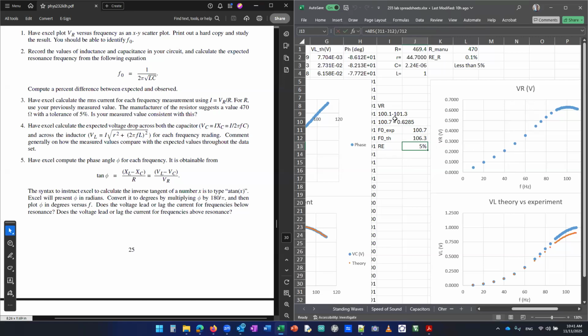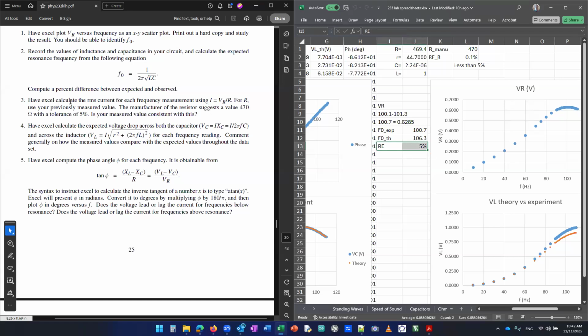We don't have a relative uncertainty here to draw a conclusion, even though I think we can estimate some relative uncertainty to be maybe around plus or minus at most 1 hertz, because if you change 1 hertz, the voltage can drop. So you can see it's no longer maximum, but we're not expected to analyze that. So we can't really draw a positive or negative conclusion. We'll just say that we have a relative error of 5%.